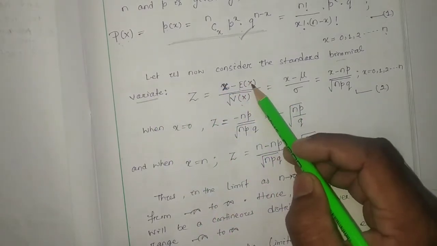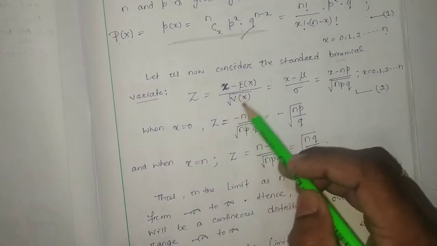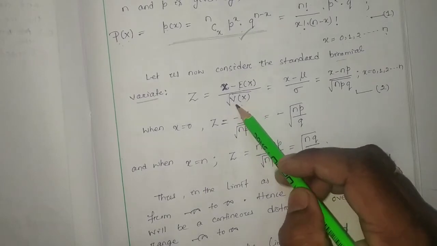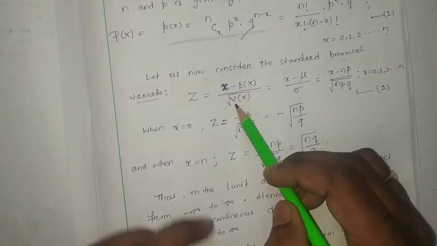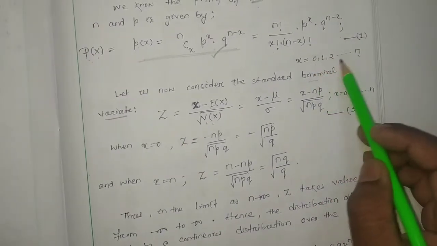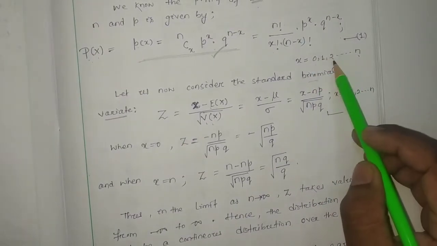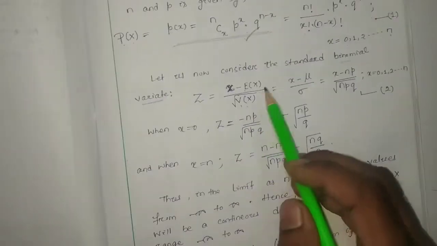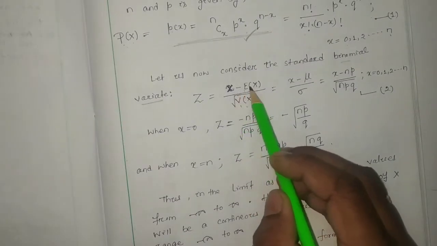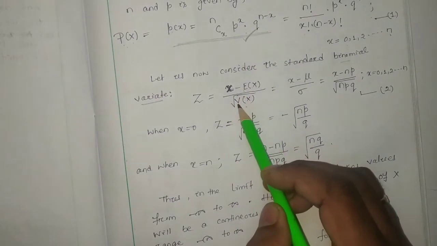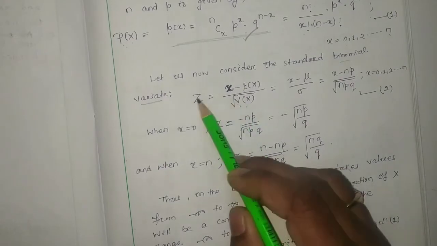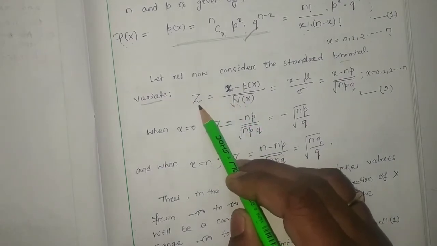Expectation is a constant, and root over of variance is itself a constant. So from the value of x we subtract the mean and divide by some value, and it will give you one number.